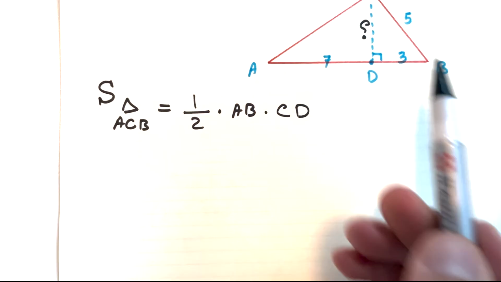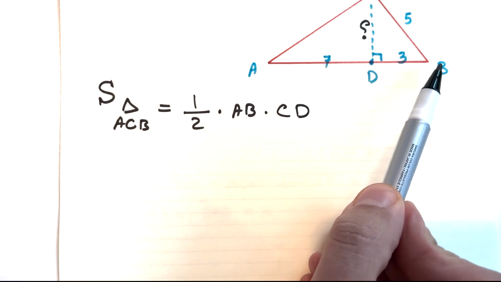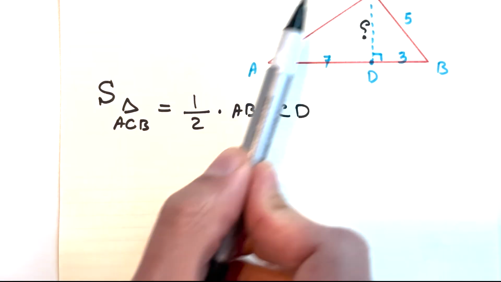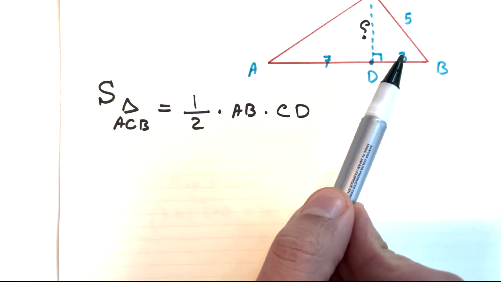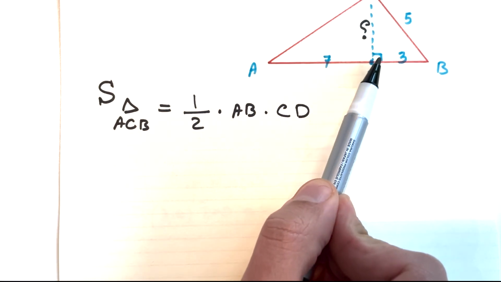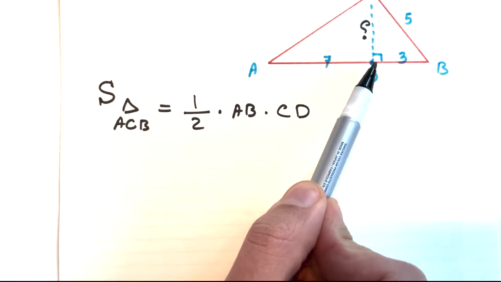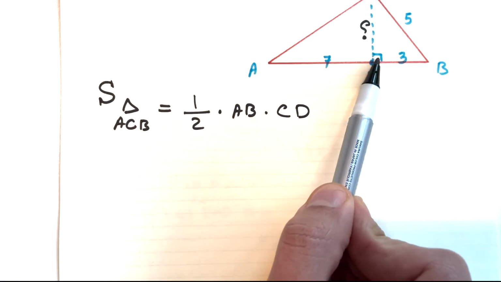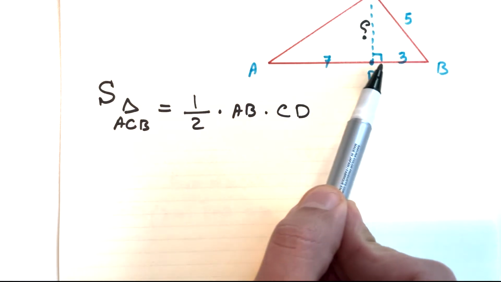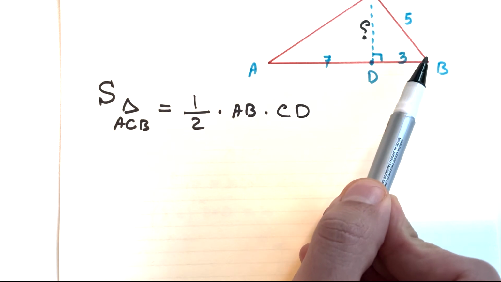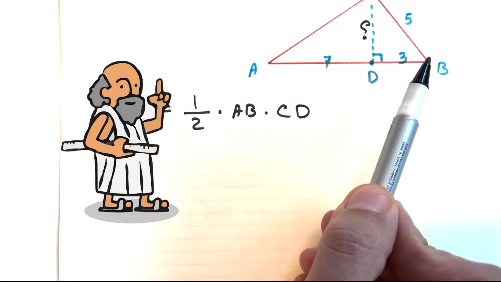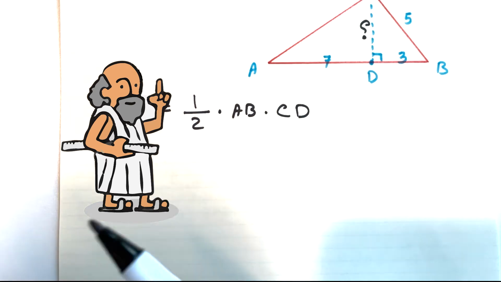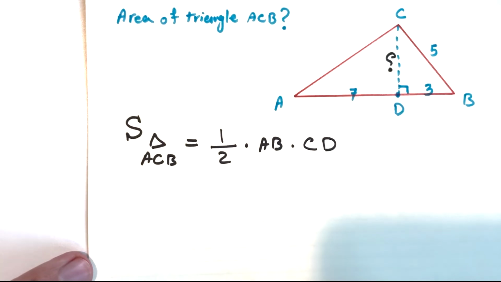How can I find that? If you look here, the triangle BDC is a right triangle. Why? Because this angle here is 90 degrees. Because the line CD is perpendicular onto BD. So this is 90 degrees, and therefore this triangle is a right triangle, which means I can use the Pythagorean theorem here. So let's start with that.